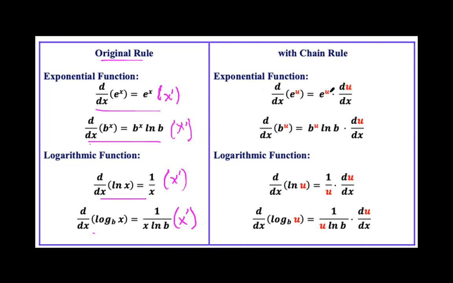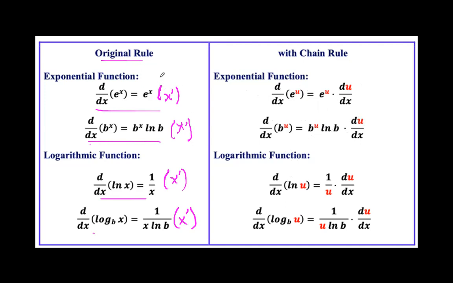So here the x was changed to u, and that's why we have du here. So whichever method you use, they're just the same. So again, to refresh, for exponential, the derivative of e^u, or e raised to u, is equal to e raised to u times the derivative of u. And the derivative of b raised to u is equal to b raised to u times the natural logarithm of b times du.